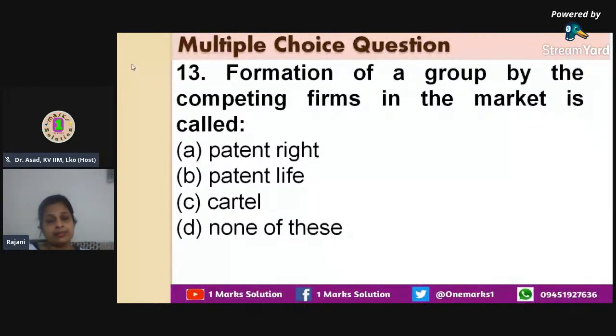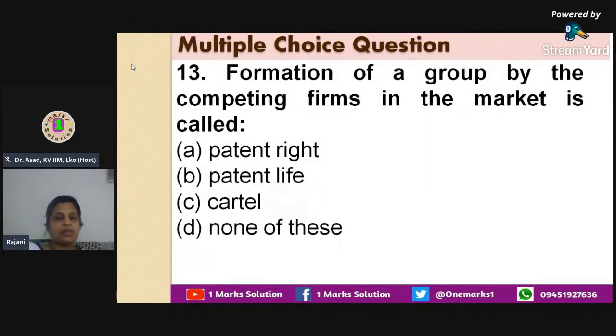Better they make an agreement between themselves, on price competition or non-price competition. They can decide a strategy and form a cartel, like they can act as a union. So you should know that before answering this question.